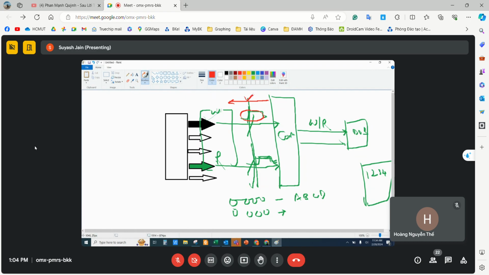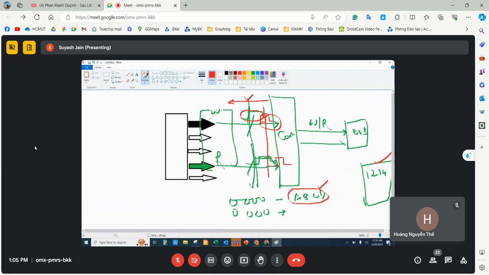If the response comes in this clock cycle and the read comes after that, then we are 100% sure that the data will be ABCD. But since this is not responded back and we are getting a read on the same clock cycle, we cannot say surely whether I will get ABCD or 1, 2, 3, 4. Both are possible. This is a RAW hazard.